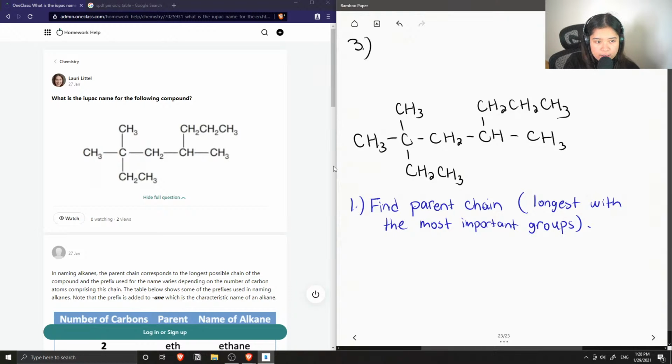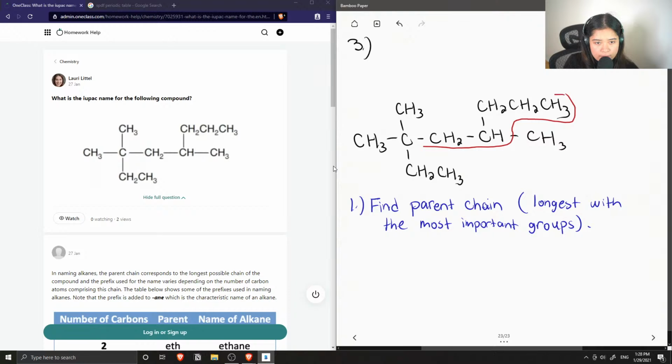A common mistake I see people make is they just think that the longest chain is the one that is horizontal like this, the easiest one to circle. But if we counted out how many carbons are in this chain, you only have 5 carbons. So this isn't the longest chain that we could form with this compound. The longest chain, in fact, involves these carbons as well.